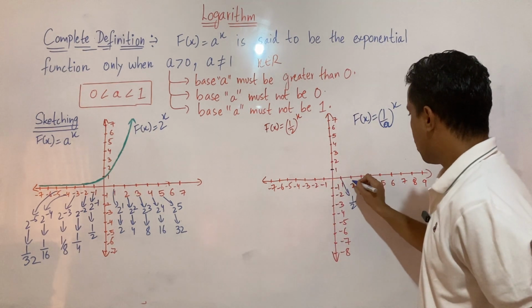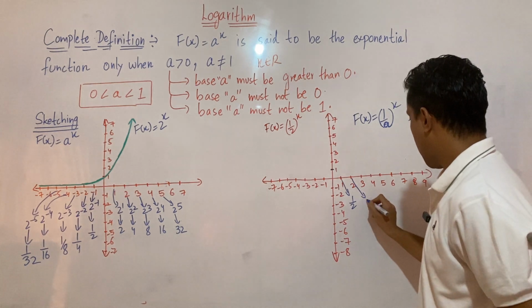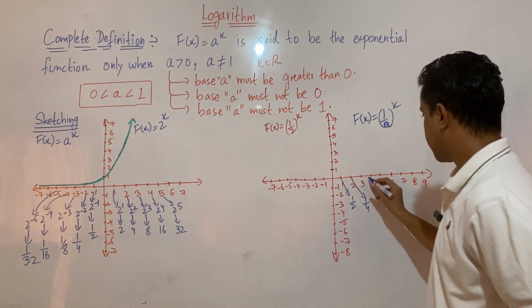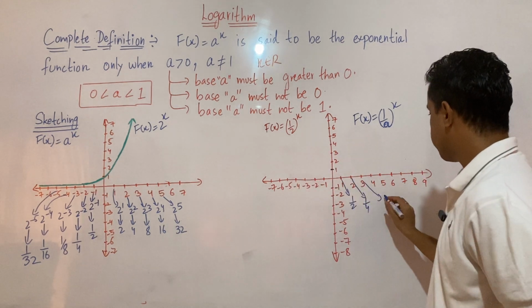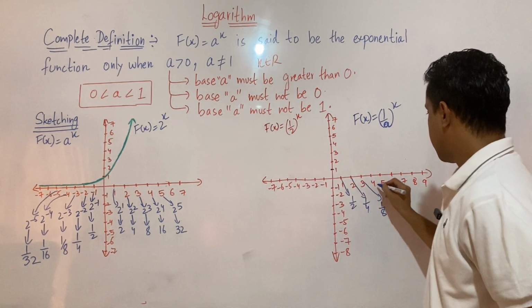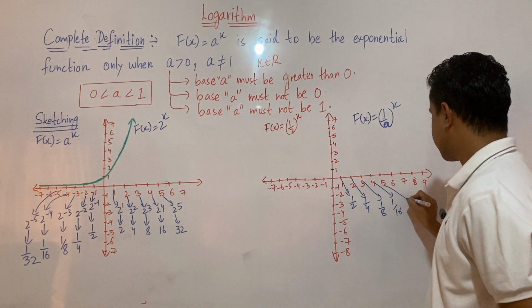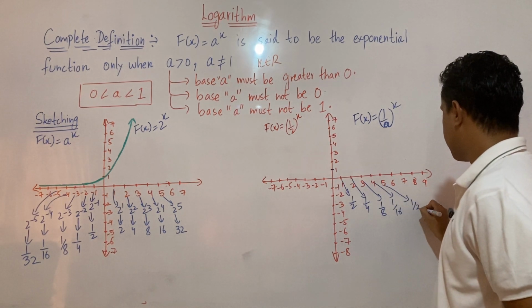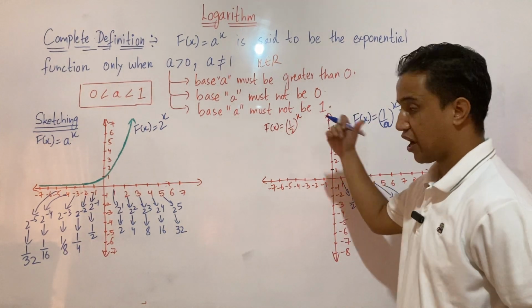If you put x as 2, it's going to be 1/4. If you put x as 3, the value of y is going to be 1/8, x as 4, 1/16, x as 5, 1/32. Okay, I hope you understand it.